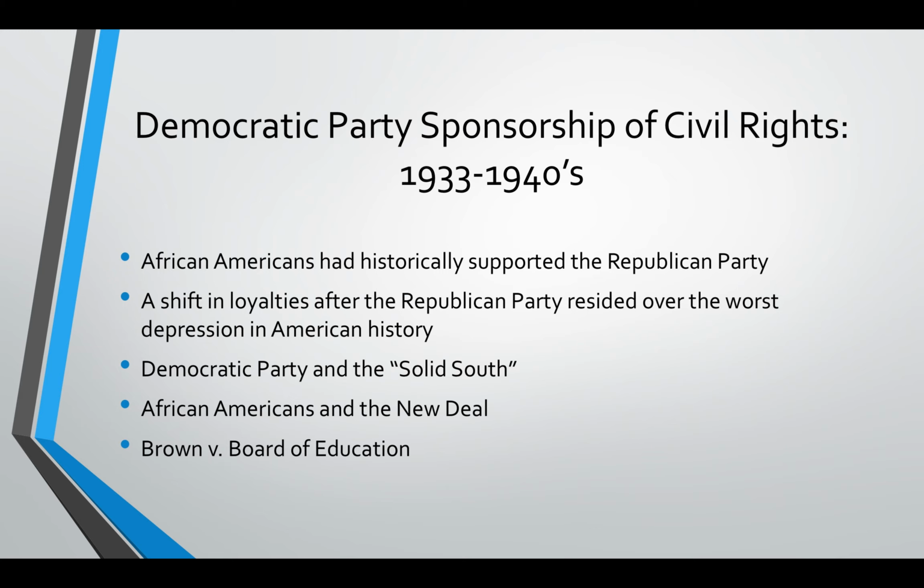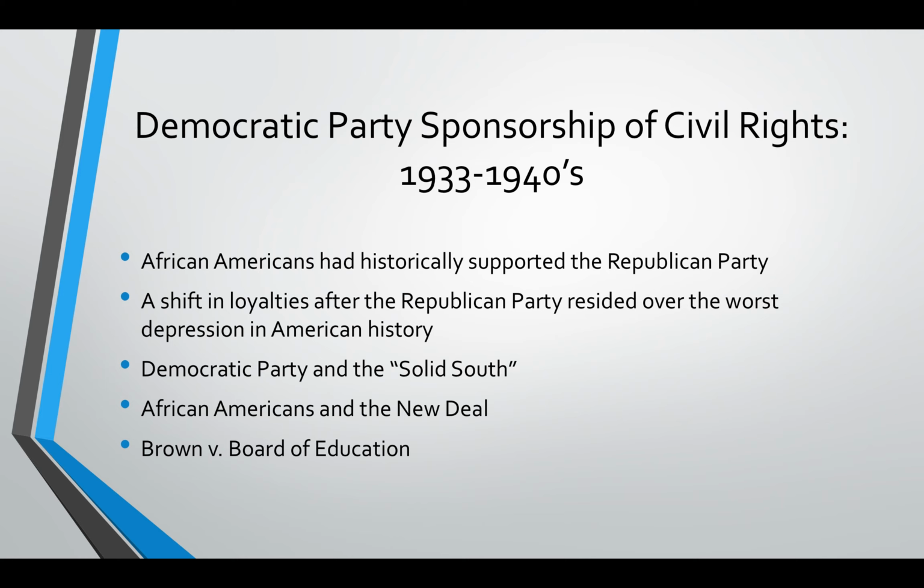This was at the risk of losing the Solid South, which represented the political stronghold that the Democrats had over states in the South. The New Deal appealed to African Americans, though Roosevelt did not fight the South on some racial issues because it was not politically wise.